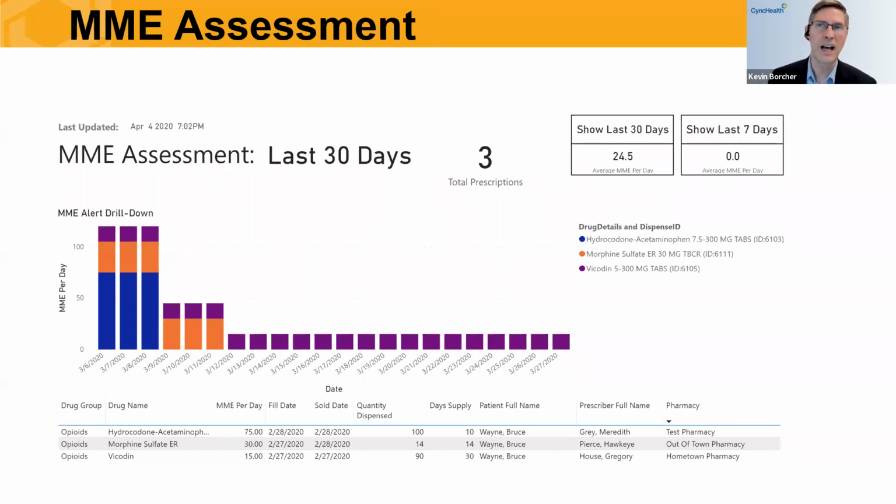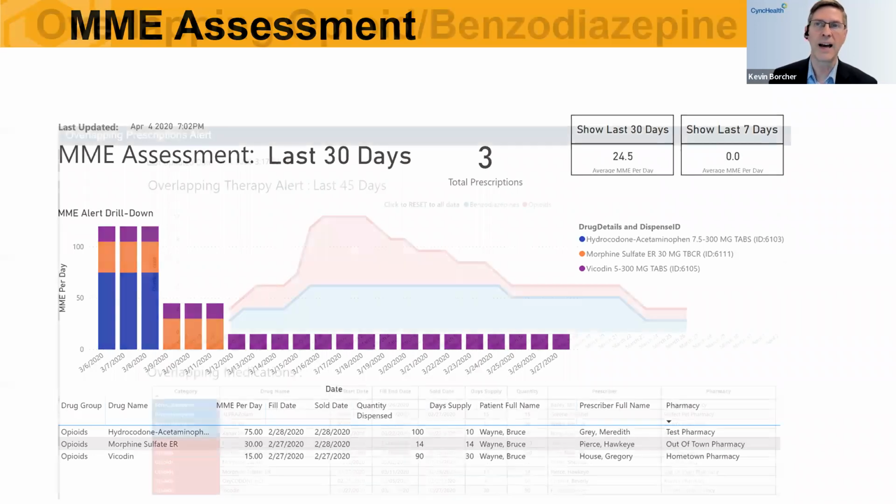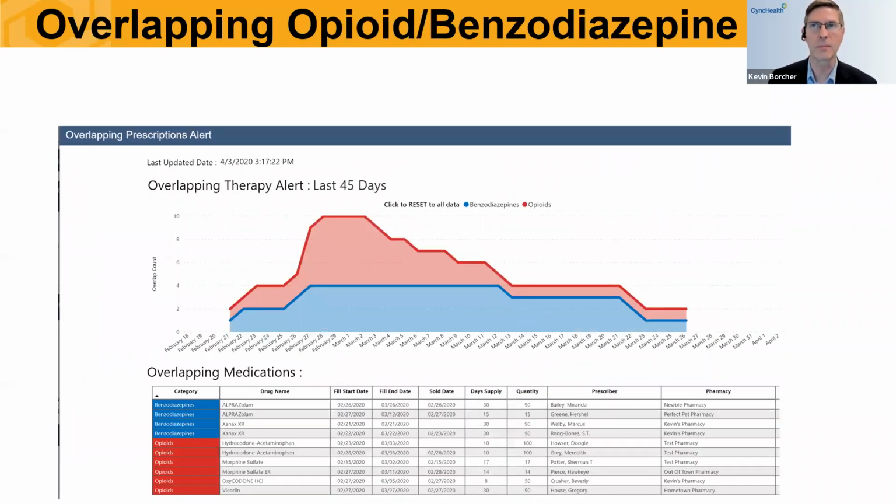If you go to the next slide, you can also look at one of the CDC's recommendations for monitoring and not recommending the overlap of opioids and benzos. This pertains not only to benzodiazepines as an overlap, because in Nebraska alone, about 20% of all drug overdose deaths are due to benzodiazepines, either alone or in combination with opioids.